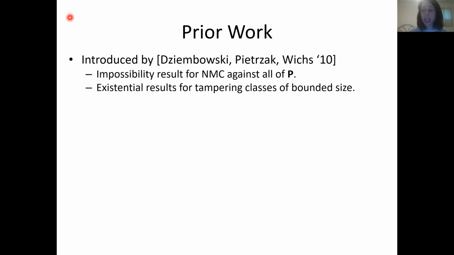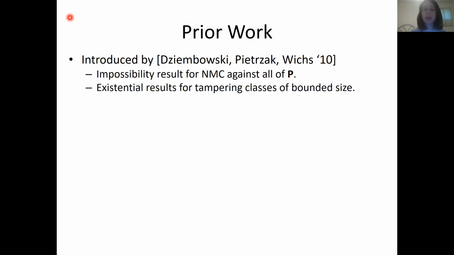So if we have an efficient non-malleable code, where the encode and decode functions are in P, then if we allow arbitrary tampering in P, what the adversary can do is simply decode the codeword, change the message to a related message, and re-encode, and then forward this re-encoded codeword to the receiver. And of course, we're not going to be able to achieve non-malleability in this setting. So this is an important point that we're going to come back to throughout the talk.